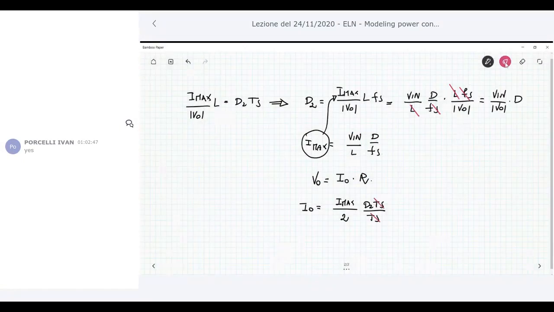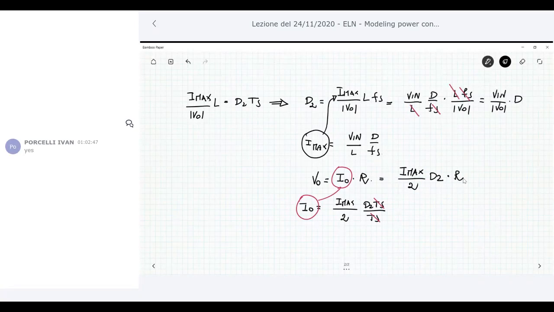Okay, so let me put I naught in this expression, and so you have that V naught is I max over 2 d2 multiplied by the load resistance. Then d2 is something that I know because d2 is given by this expression here. And then I have also I max, because I max is something that I derived here.